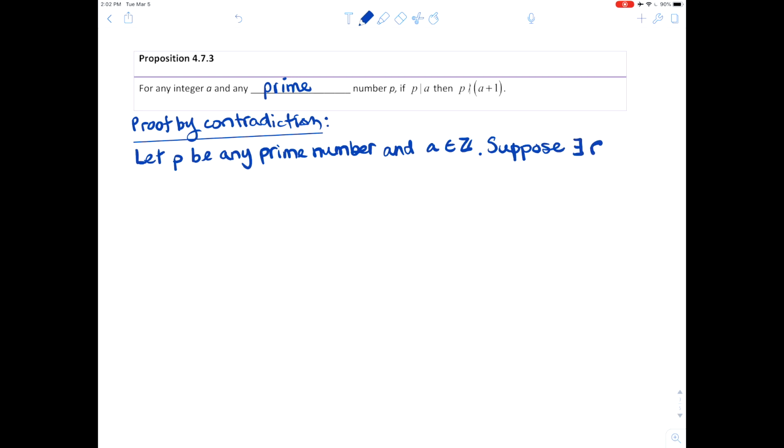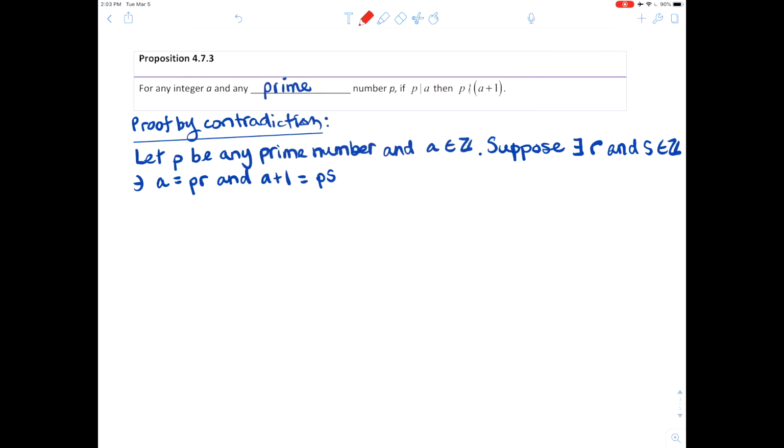There exists some r and s that belong to the integers, right? Such that a is equal to p times r and a plus 1 is equal to p times s.